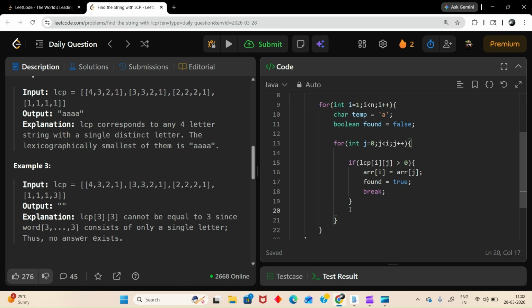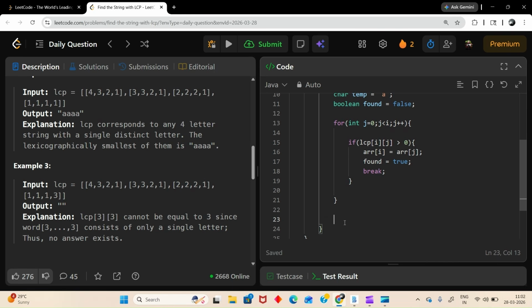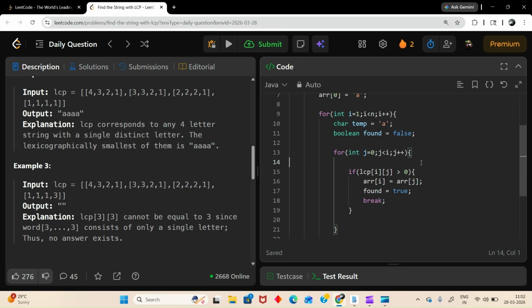So in that case, here we will take a max. So my temp is equal to Math.max of ARR of j and my temp.